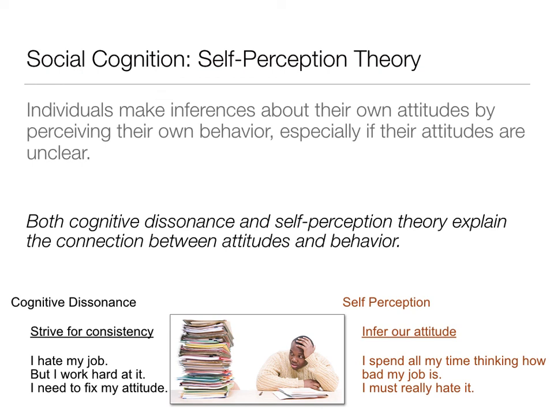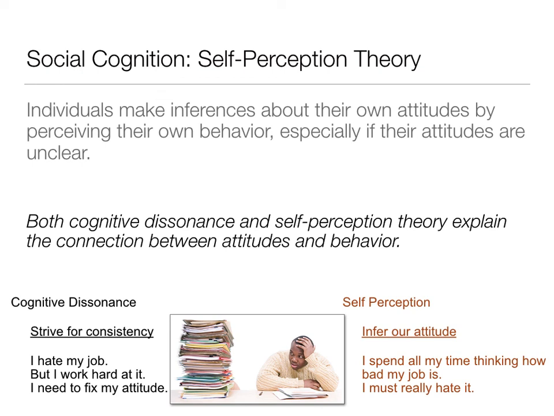Both cognitive dissonance that we just talked about and self-perception theory really show this connection between attitudes and behavior. In cognitive dissonance, we're striving to balance that out. We're striving for that consistency. So I hate my job, but I work hard at it, so I really need to fix my attitude, change that cognition so that I have that consistency. In self-perception, we're inferring our attitudes based on our behaviors.